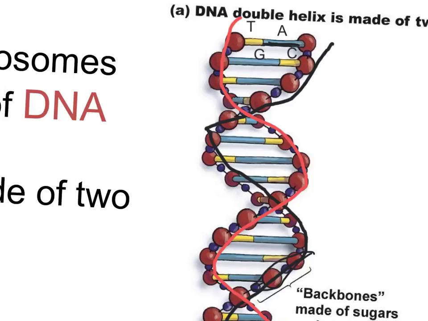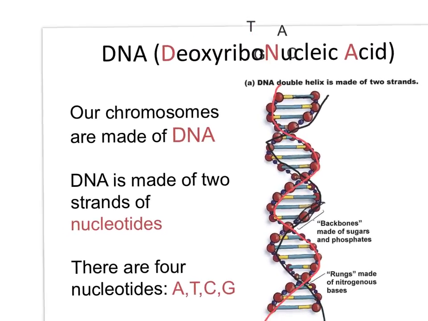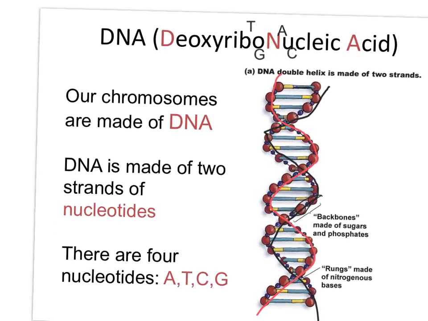Let's say it was another C, you put another G. You could duplicate it very simply just by going according to the base pair strand of what it was. And those base pairs, they're nitrogen bases.